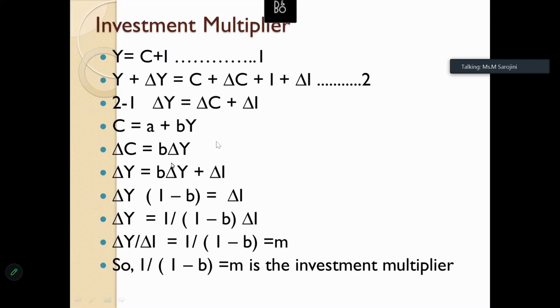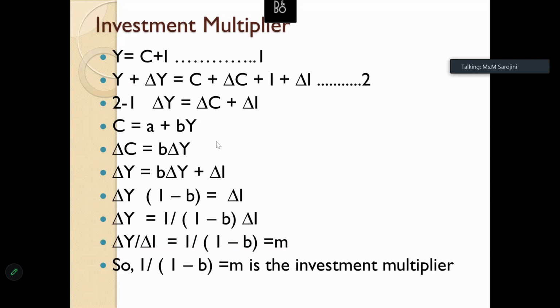If there are changes in the income, that causes changes in the consumption as well.